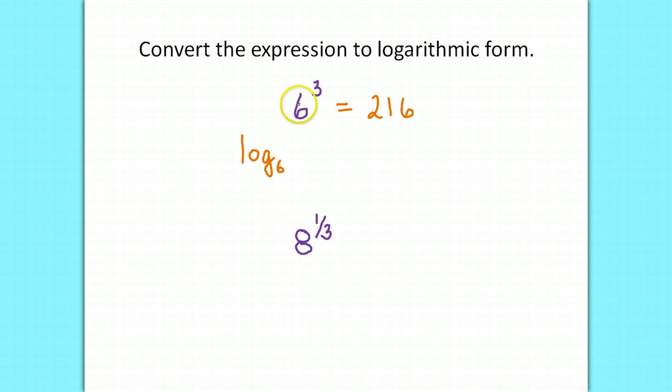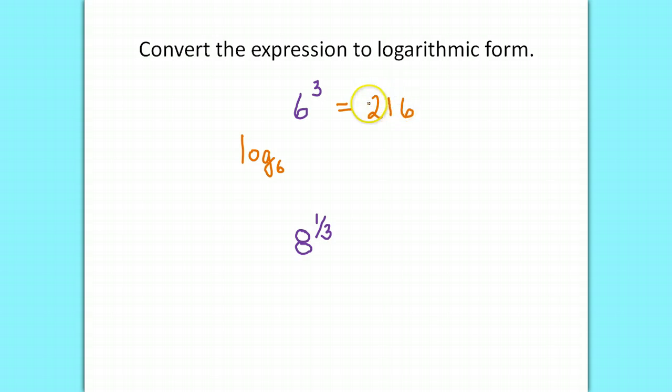Your number that's lower is in the basement, so we call it a base. I don't really know that's where the base comes from, but it's an easy way to remember it. And then the number that goes here, this is where it starts to get confusing. It's not the 3, it's actually the 216.